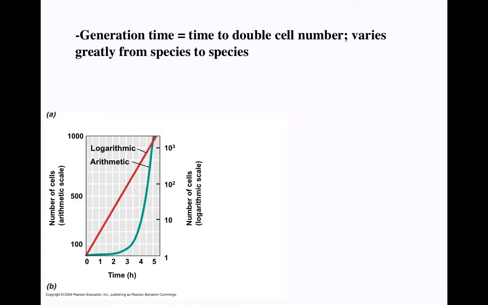We're not really going to do that, but the time to double, or the generation time for bacterial species, varies tremendously. There are bacterial species that under optimal conditions in the laboratory can double their population in 13 minutes. There are others that take days or weeks. Mycobacterium tuberculosis, the bacterium that causes, obviously, tuberculosis, is one of those really slow-growing bacteria.